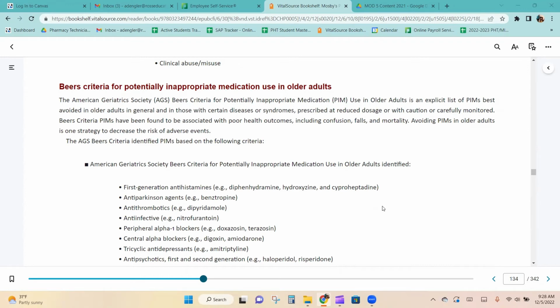Beers criteria PIMs have been found to be associated with poor health outcomes, including confusion, falls, and mortality. Avoiding PIMs in older adults is one strategy to decrease the risk of adverse events. The AGS Beers criteria identify PIMs based on the following criteria.